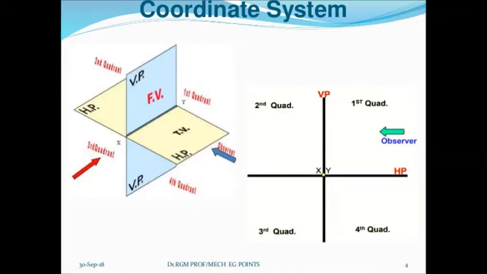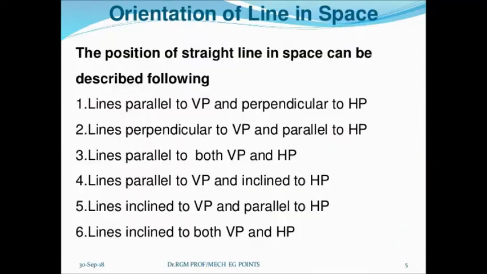From that direction we have to mark the other quadrants, like second, third and fourth, in anti-clockwise direction. The second figure shows the line diagram of the quadrants. A horizontal line is called HP and a vertical line is called VP.